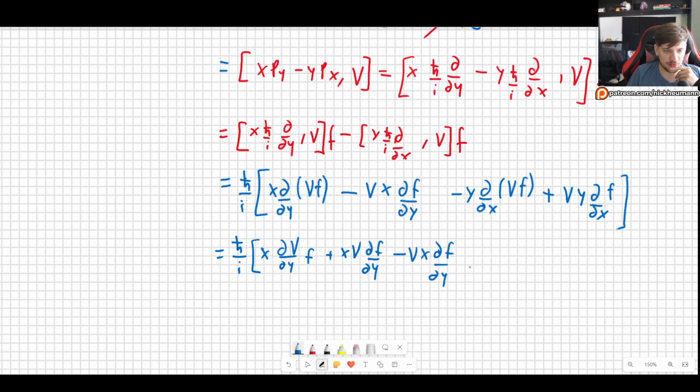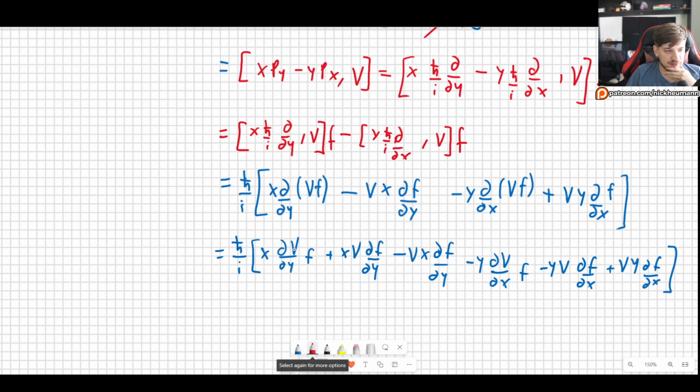And then we have this part, which is minus y dv dx times the function plus we still have to apply the product rule. So we get minus y v df dx plus vy df dx. Okay, so now let's take a look at what we have here.